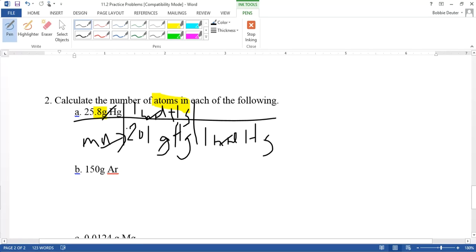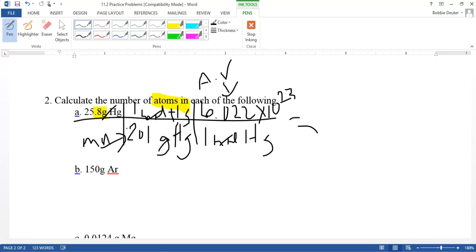Labels cancel out. And then we're going to use Avogadro's number, which I abbreviate as Av's number, 6.022 times 10 to the 23rd. We multiply the top, divide it by the bottom. So again, you take your 25.8 times your Avogadro's number using parentheses, divided by your molar mass, which we get from the periodic table again.